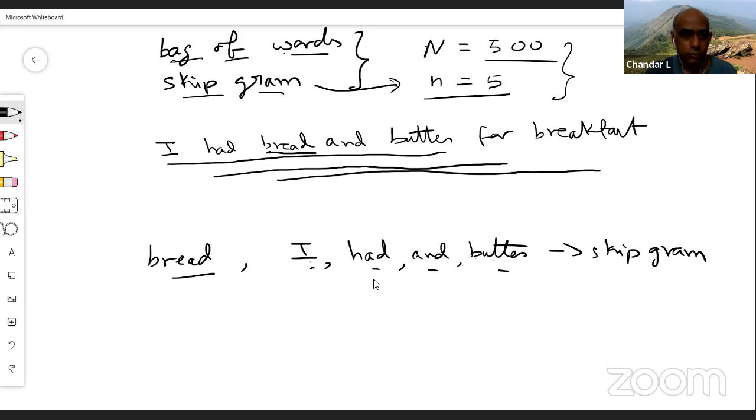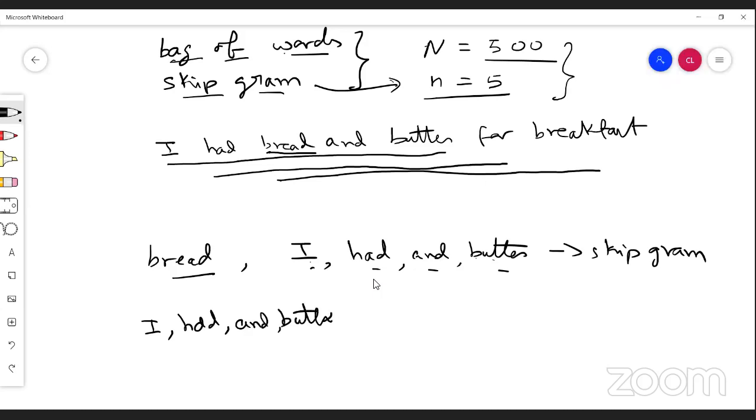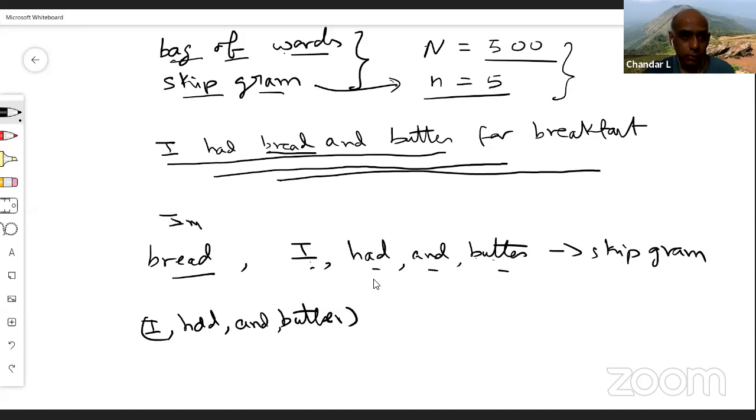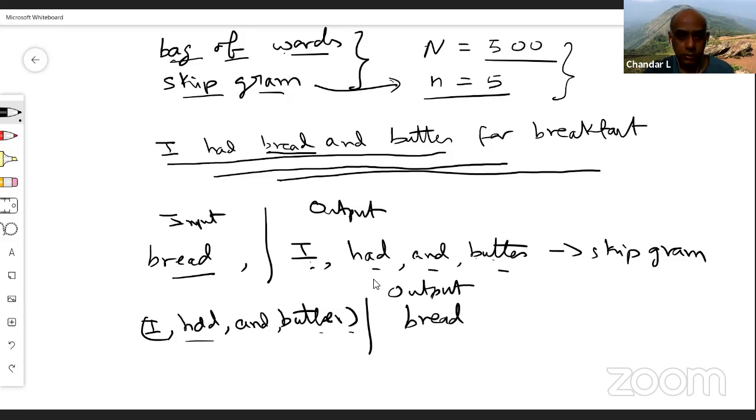But then there is another approach, which is the bag of words approach, which means you start with I, had, and, butter as the input, and the output would be the word in context. So here the surrounding words are used to predict the word in context, whereas in skipgram the word in context predicts the other words surrounding it.